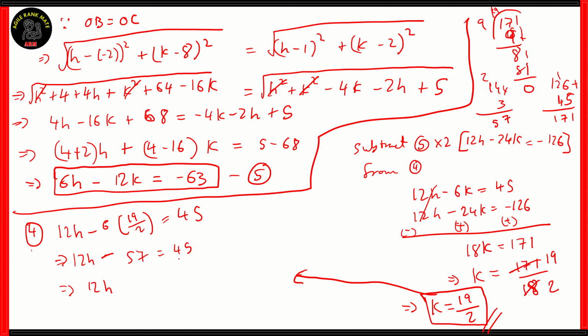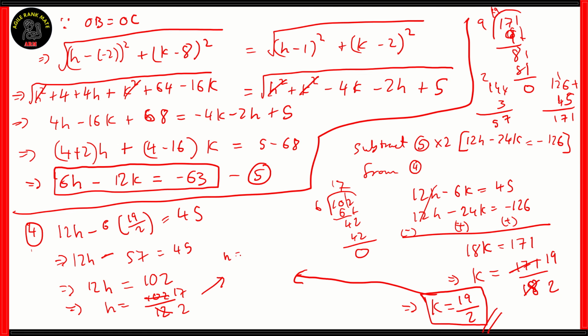Therefore 12h becomes 45 plus 57, which is 102, and h equals 102 divided by 12. Basically we're going to divide by 6 here, so 12 divided by 6 gives you 2, and 102 divided by 6 gives you 17. So therefore h equals 17 over 2.